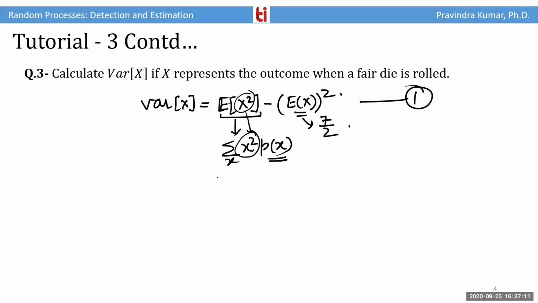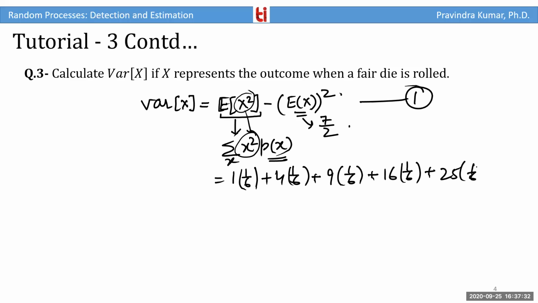So here you can find this will be 1 square times 1 by 6, plus 2 square (4) times 1 by 6, plus 3 square (9) times 1 by 6, plus 4 square (16) times 1 by 6, 25 times 1 by 6, 36 times 1 by 6. So you can have here 91 by 6.